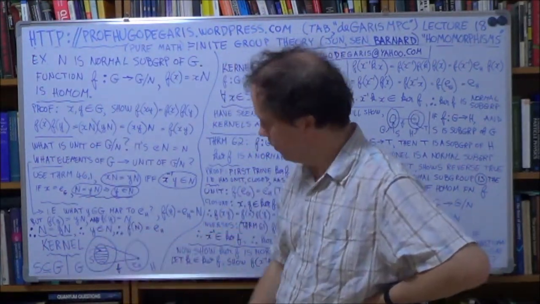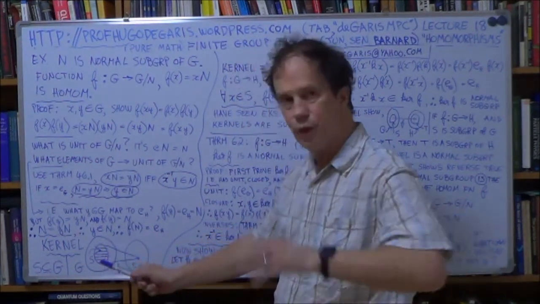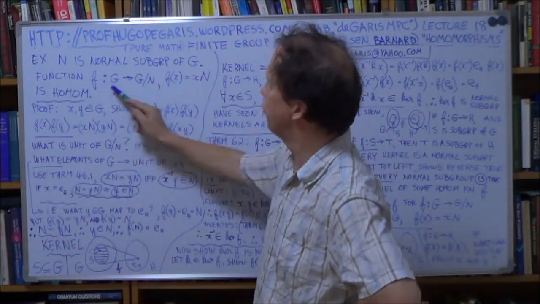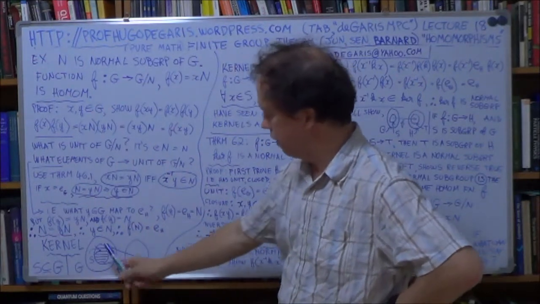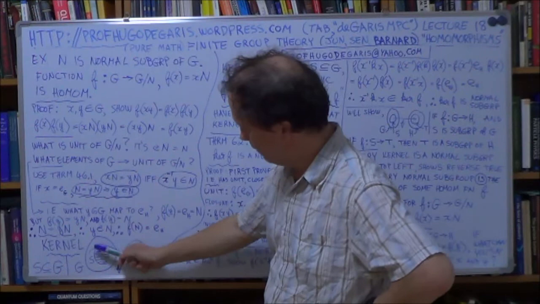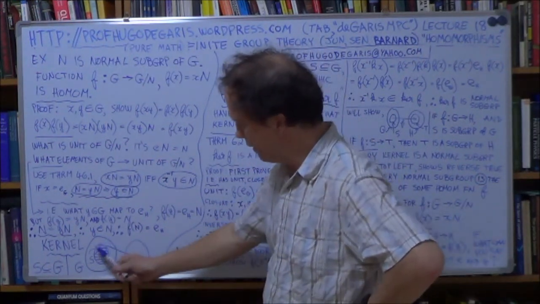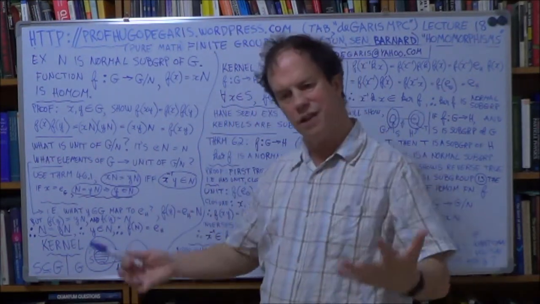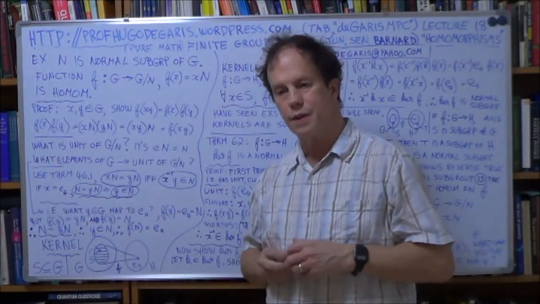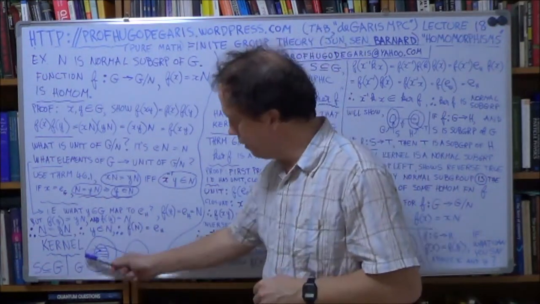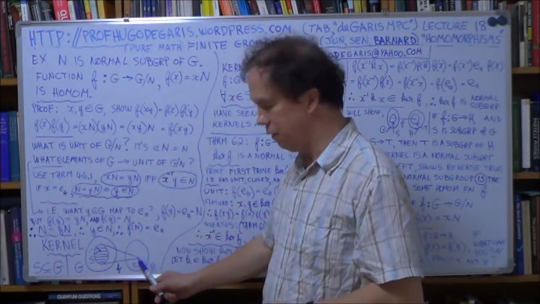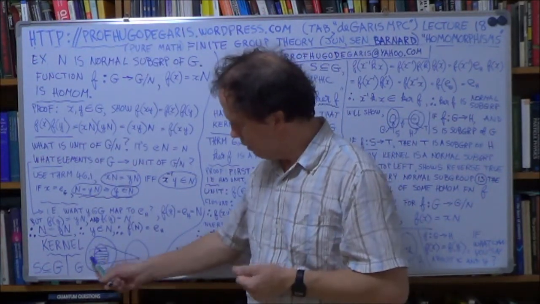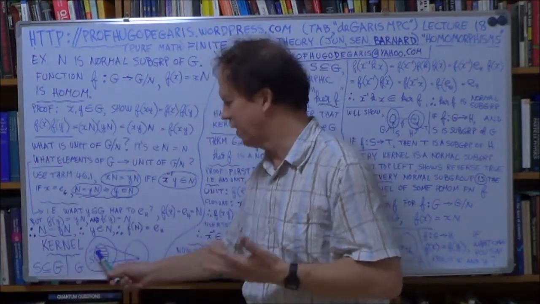So by definition, what is the kernel? Well, it's the subset whose elements, all of them, map to the unit of your H. This is in the context of a homomorphic mapping from G to H. So you're mapping from group G to a group H. So this subset, call it S, a subset of G, its elements map to the unit of H. Expressed in a slightly different way, the kernel is the subset of all elements of G that get mapped to the unit of H. You just collect them all together and call it a subset S, call it K, like kernel.